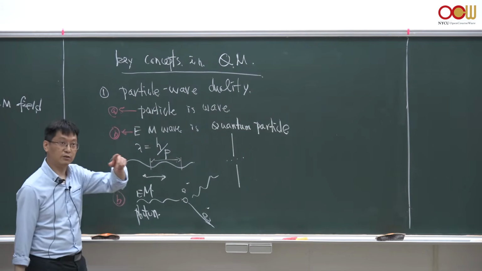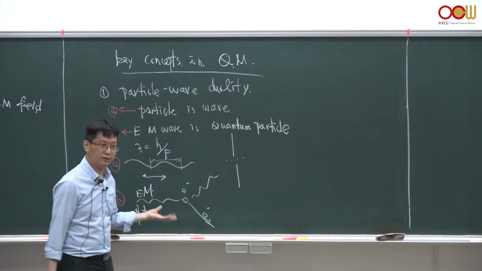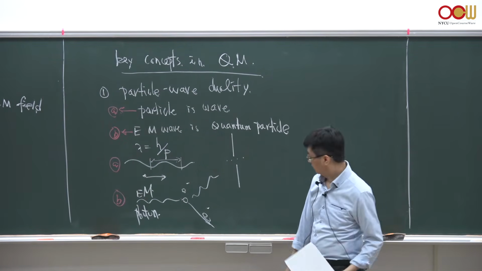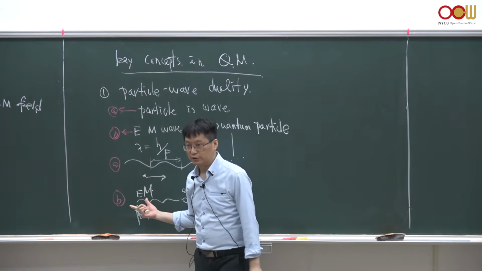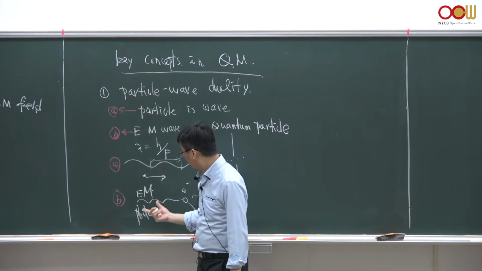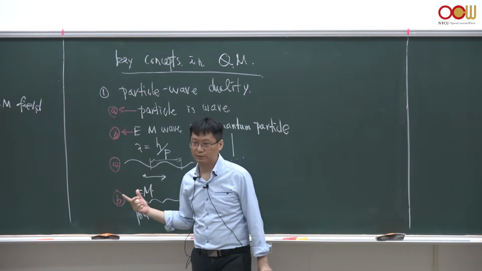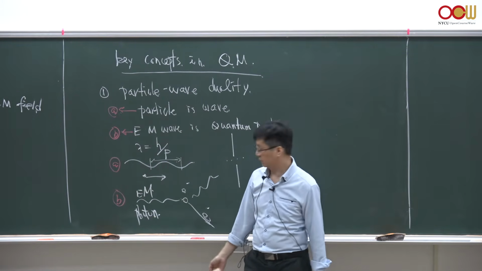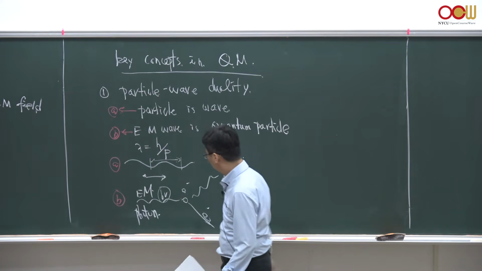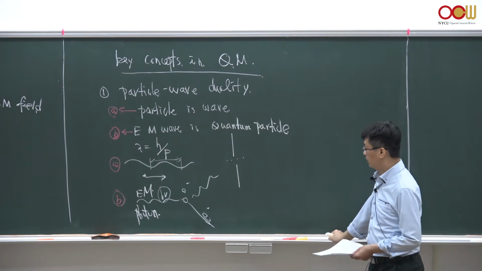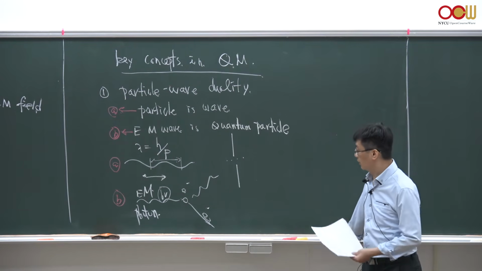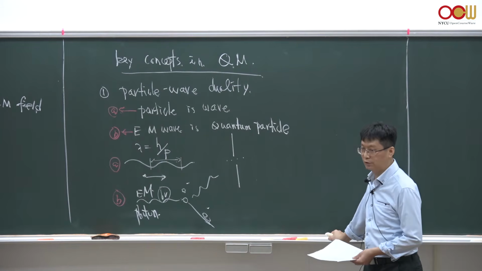So the light or electromagnetic wave, even though this is a wave-like object, in quantum mechanics its energy is really quantized. And the single quantized energy of electromagnetic wave is called a photon energy. We usually use h nu to represent such a quantized photon energy.